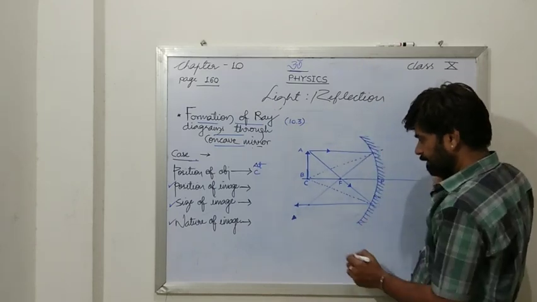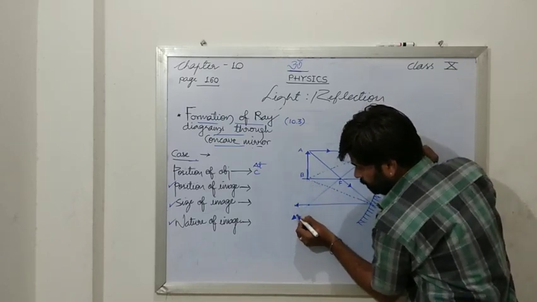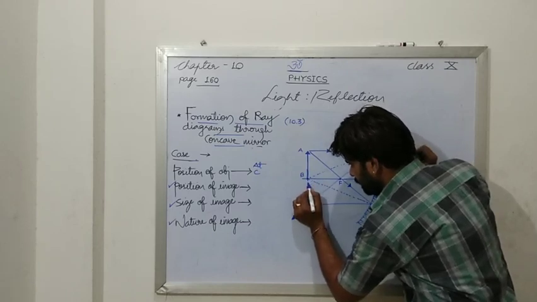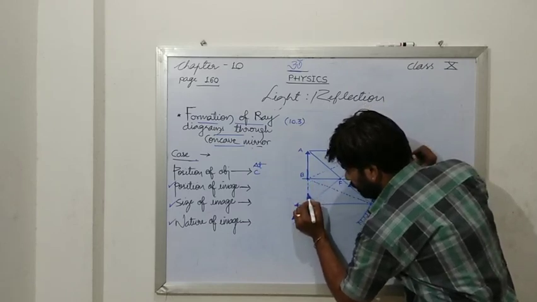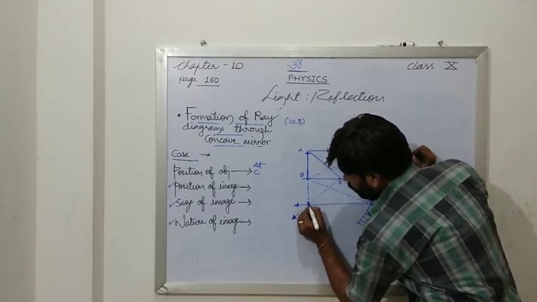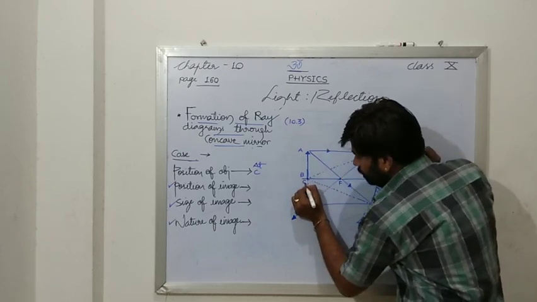This is the reflected ray. The point which we got from the intersection of the two reflected rays, you will see that these two rays are meeting at a point just below the center of curvature.